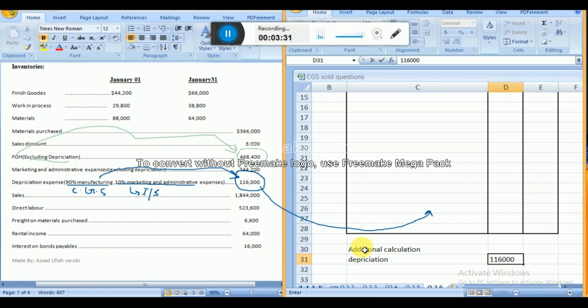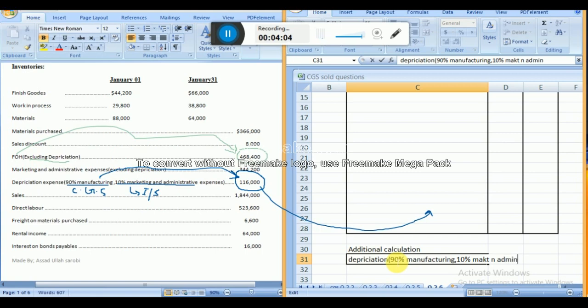Of this, 90% of the depreciation is manufacturing and belongs to CGS, and the 10% is marketing and administration.